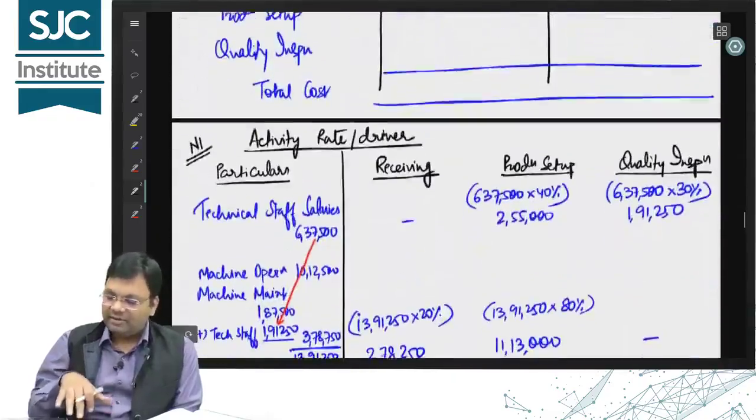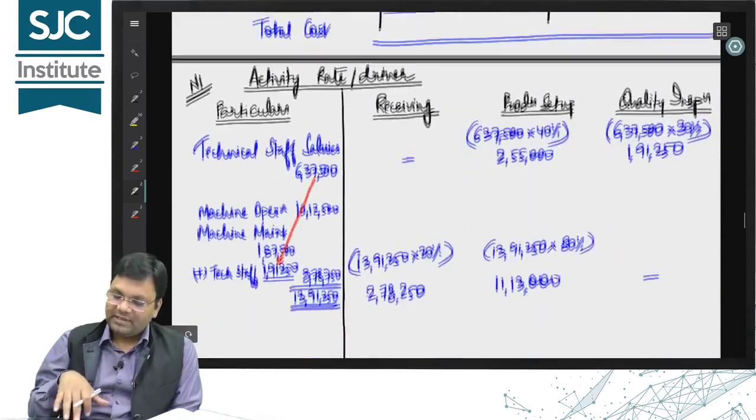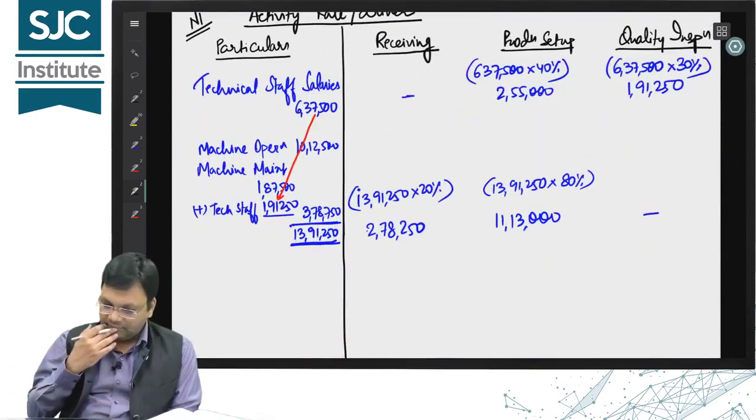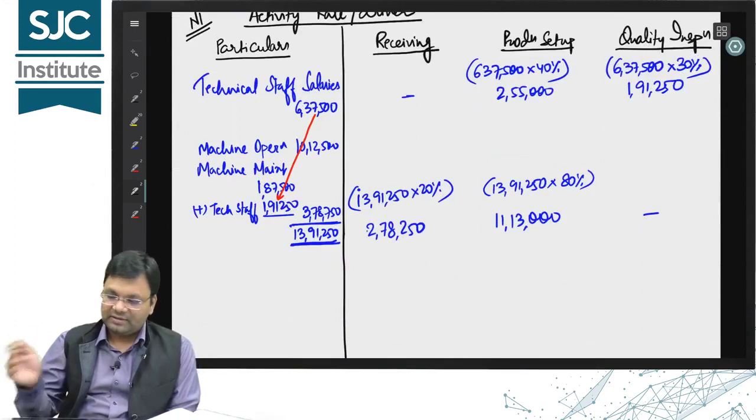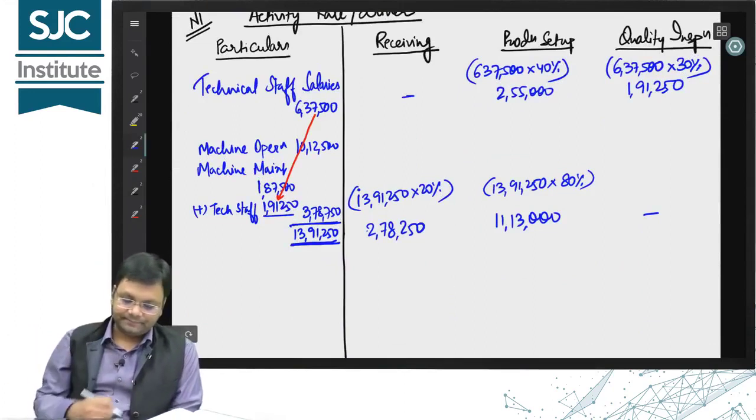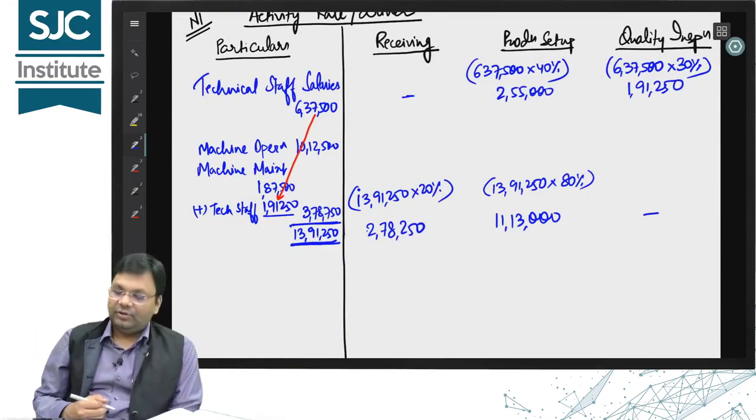Now you be the judge and tell me which activity. Store staff means it should be in receiving, production setup, or quality inspection. You tell me. Should it go into all 3, or should it go only in one activity? If nothing is mentioned, it is by reason. Reason is you got to think.